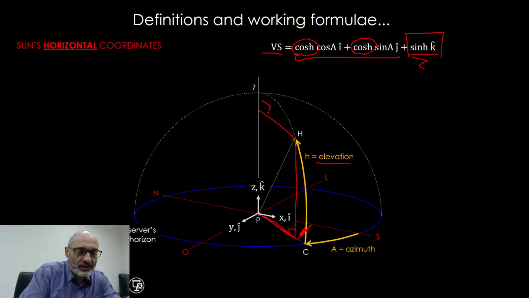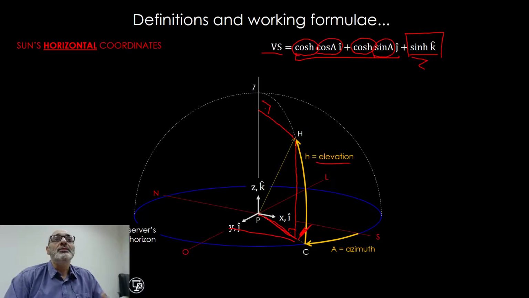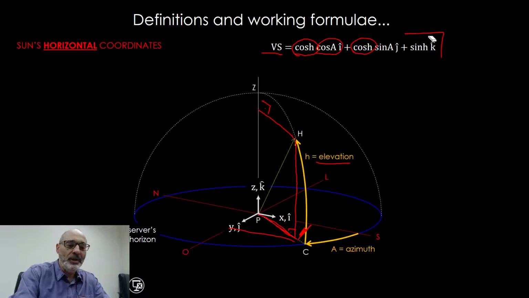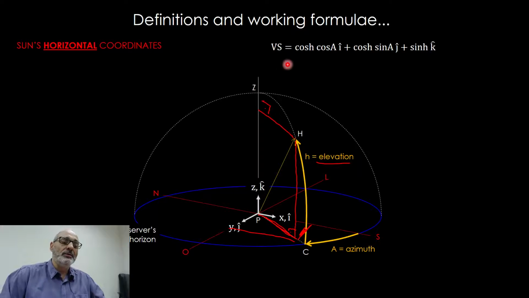And if I want to project on the x-axis and y-axis, I multiply by the cosine of azimuth and the sine of azimuth, okay? So it's a simple projection. The formula appears complex, but actually it is very, very simple. I hope you follow me, okay?